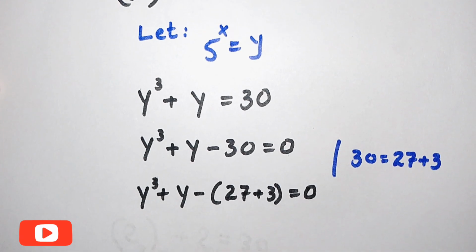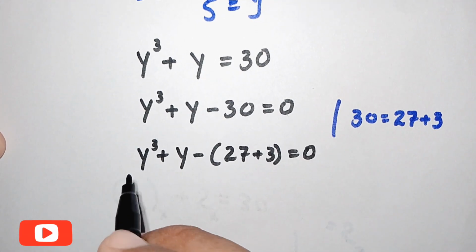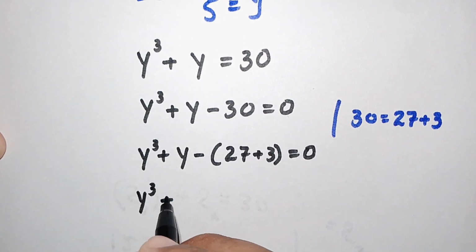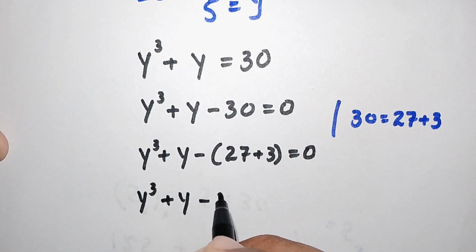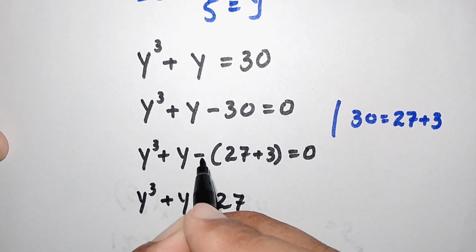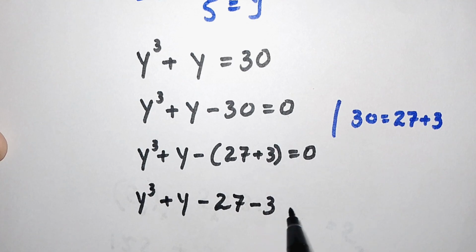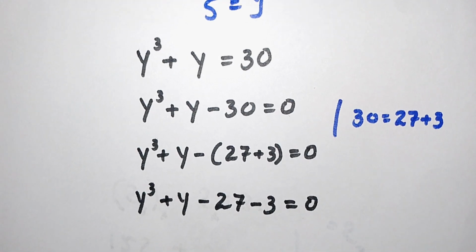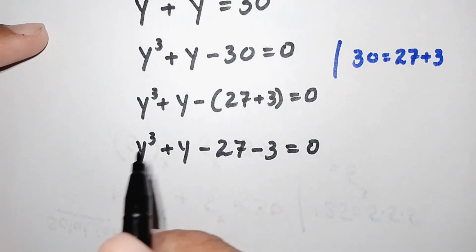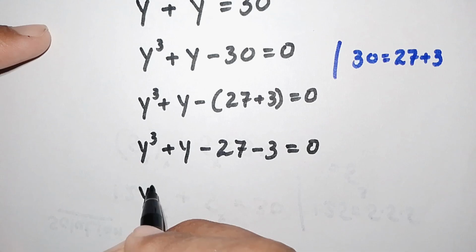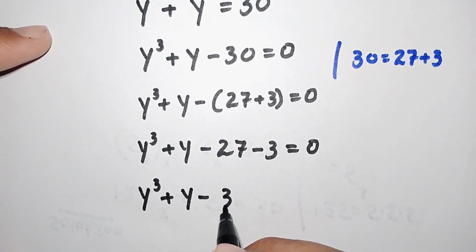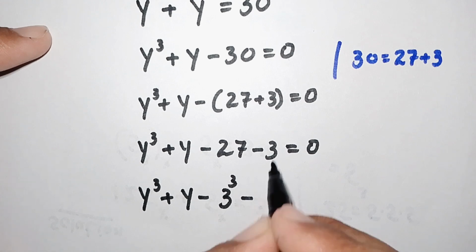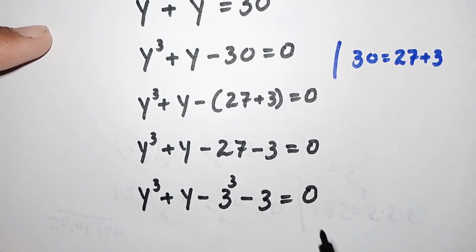Now y to the power of 3 plus y minus 27, this 27 is also equal to 3 to the power of 3, minus 3, which is equal to 0.